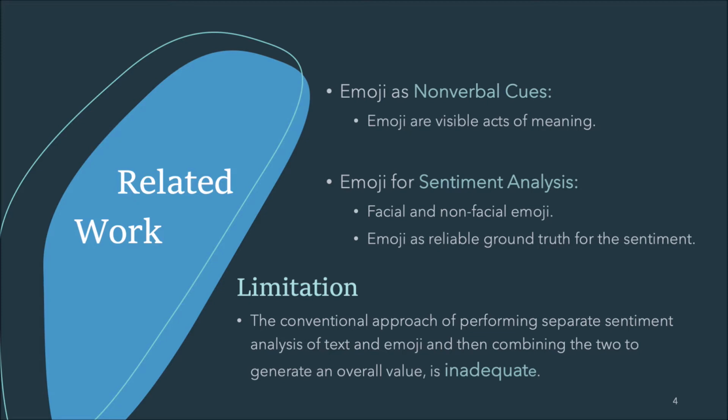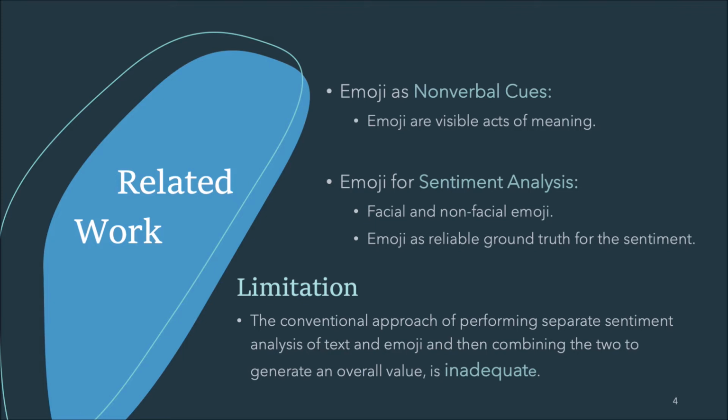Going a step further, many studies have assumed emoji to be a reliable ground truth for the sentiment by constructing datasets for sentiment prediction and using a set of emoji to label their datasets automatically. Despite its intuitiveness, this assumption seems insufficient since it ignores that the emoji text sentiment correlation is context sensitive.